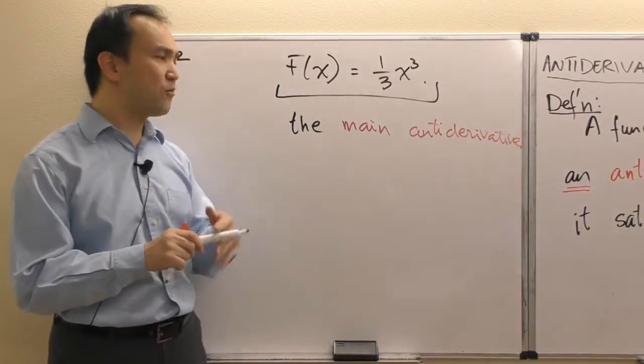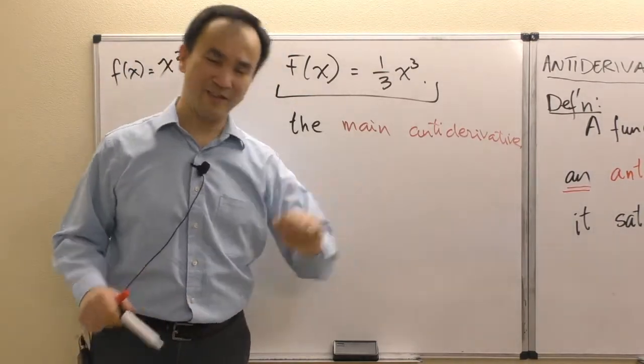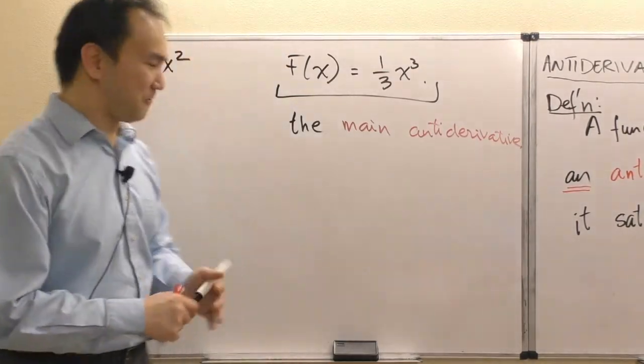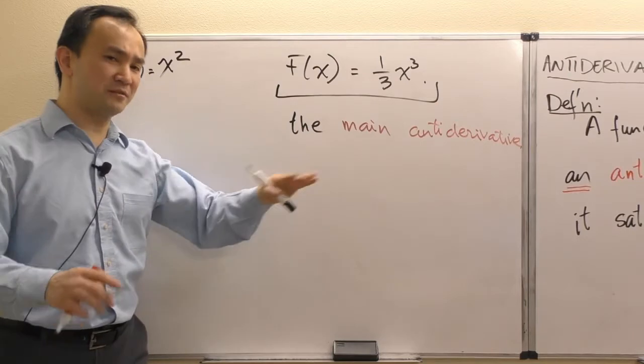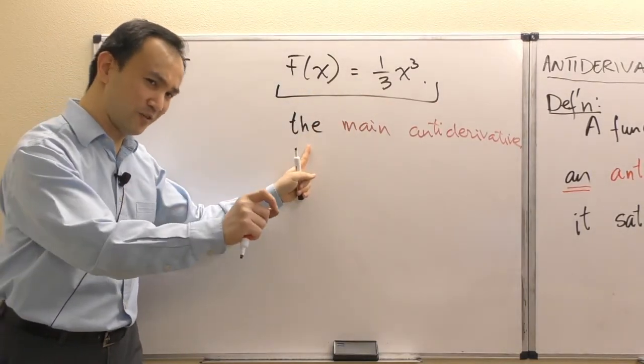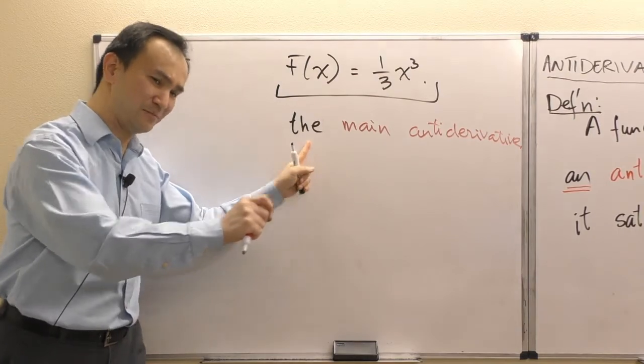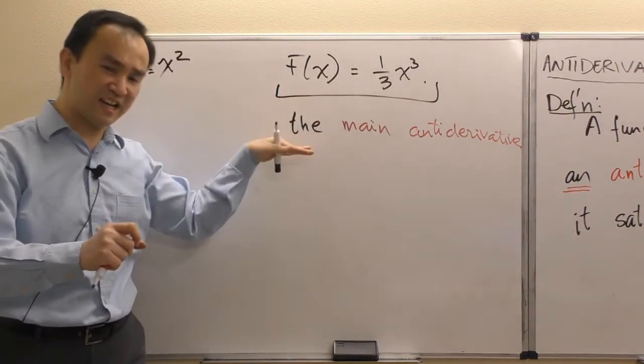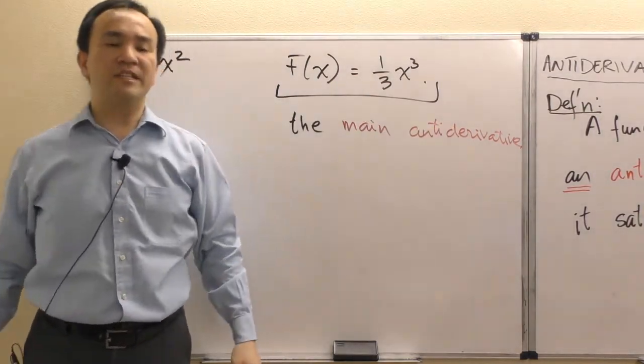It's just the one that most naturally happened. Now I can call that the main antiderivative because that's the only guy, and we have already distinguished that guy out of the rest of the other family members.